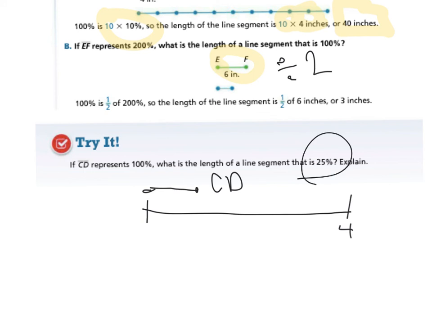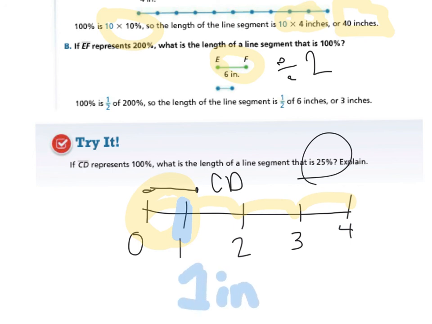Well, 25%, think about how many quarters make up a dollar. 4 quarters make up a dollar. So you would want to divide this, and you would know that 25% of 4 would be right here. You would be at a quarter, so it would be 1 inch. That concludes our lesson.